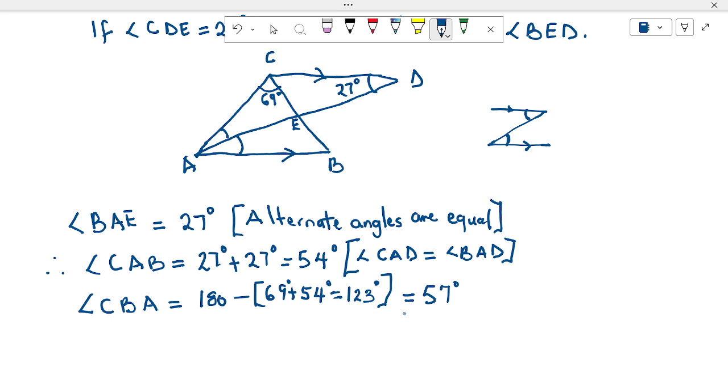Therefore, angle CBA is 57 degrees. Reason, give your reason: summation of angles in a triangle is equal to 180 degrees.